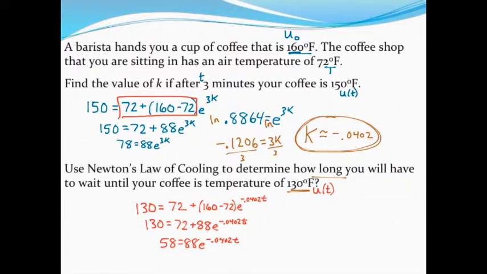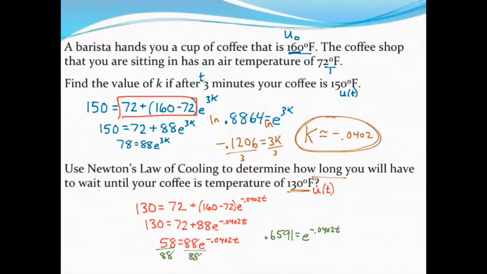Once again, from here, I'm going to divide both sides as my next step. So let's divide both sides by 88. And remember, try to round as little as possible, so use the full number if you can on your calculator. But dividing this gets me 0.6591, and then e to the negative 0.0402t.